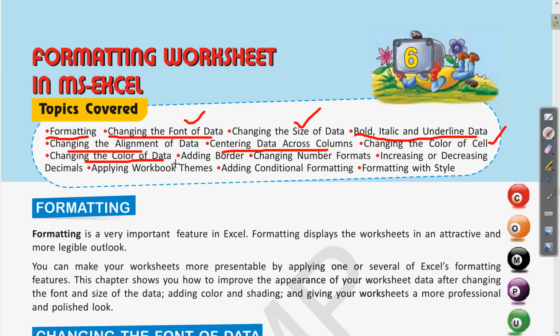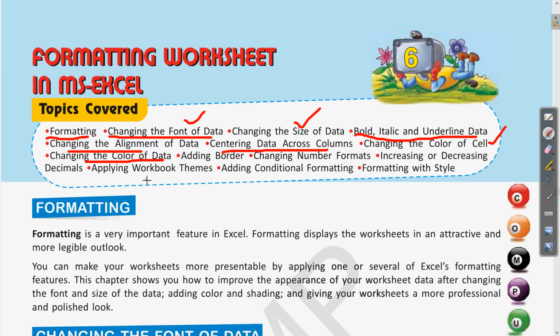So if you want to add border around the values which is written there, that is adding border. Then if you want to change the number format, if you want to add decimal points, so this can also be changed, that how many digits can be written after the decimal point, so this way we can increase or decrease the decimals.